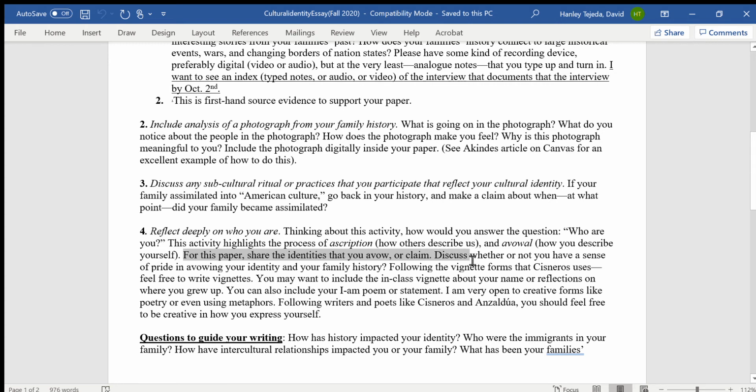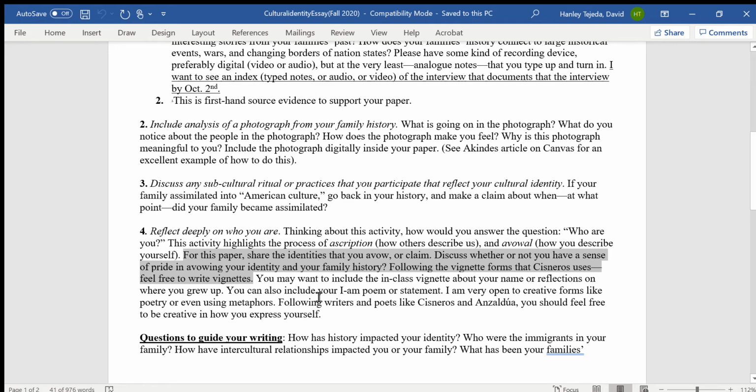Discuss whether or not you have a sense of pride avowing your identity and your family history, following the vignette forms that Cisneros uses. This is actually not relevant for us, but feel free to write free form, poetry; these are all acceptable forms for me, particularly in this section. You can kind of think of it as like an I am poem.